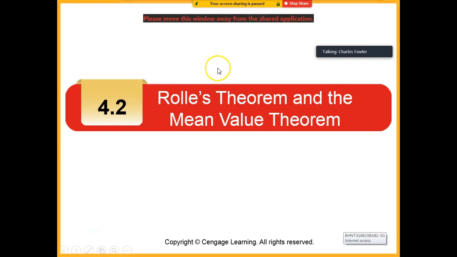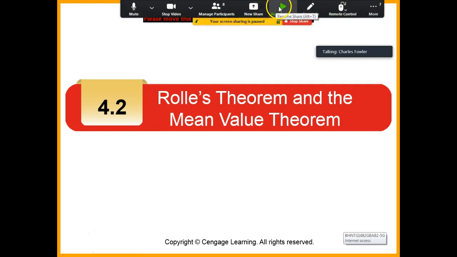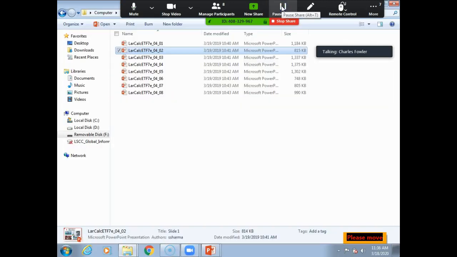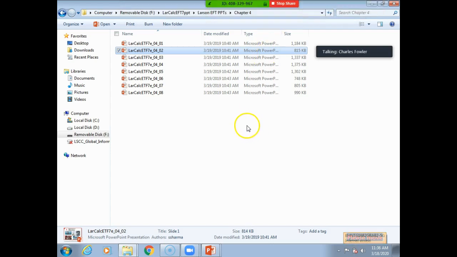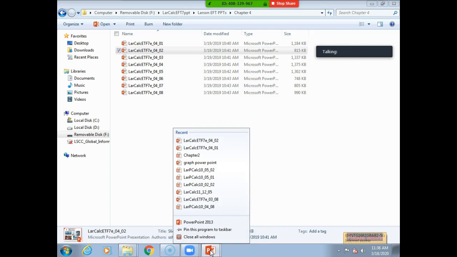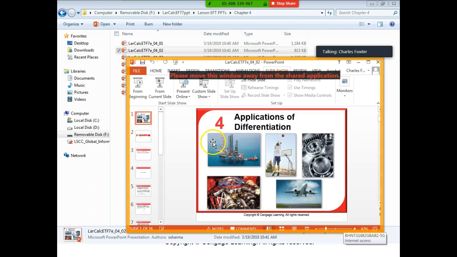Okay. It says my screen sharing is paused. I don't know why. Resume share. Okay, have I got everybody back now? Anybody back? Okay. I thought I had this back up. That one.